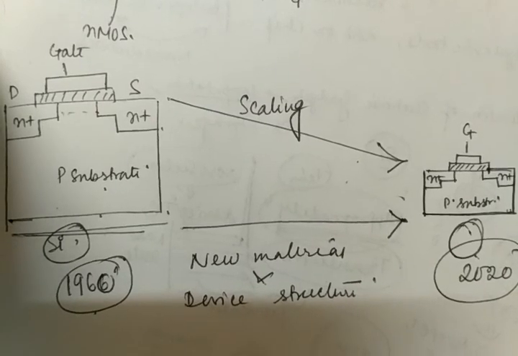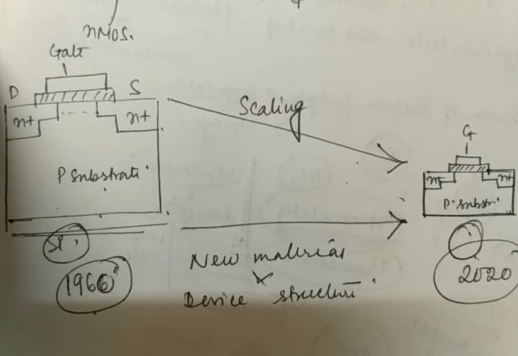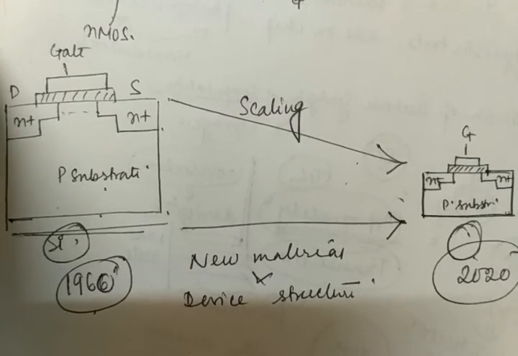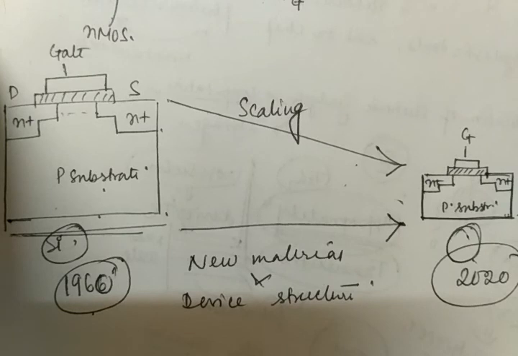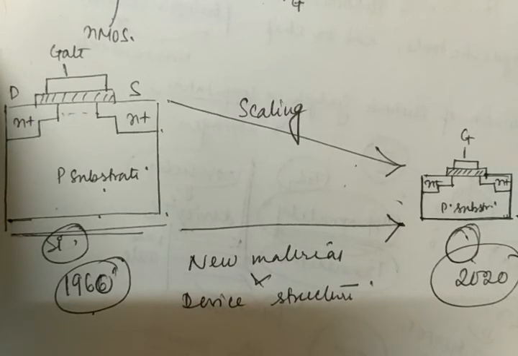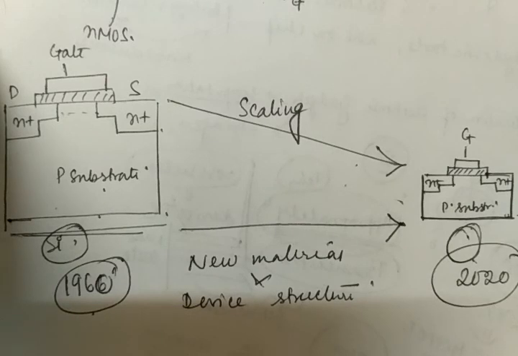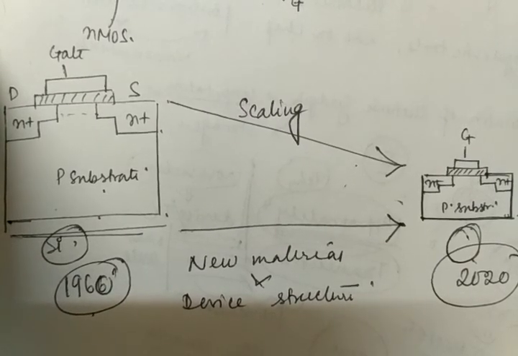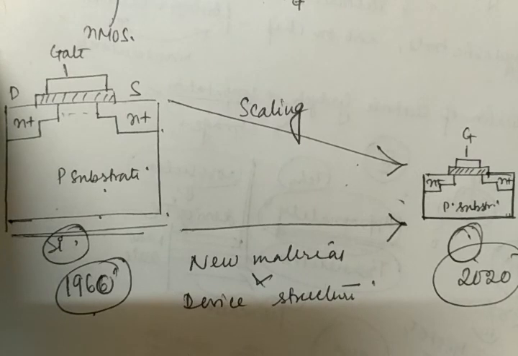Till then, I just want to recap one more point: why nanoscience, why nanotechnology, and why nanoelectronics. Nanoelectronics is a very small part of nanotechnology and nanoscience, because that is a broader area. Nanoelectronics means all nanotechnology enabled products, and electronics means products made of silicon material with the help of the CMOS structure.